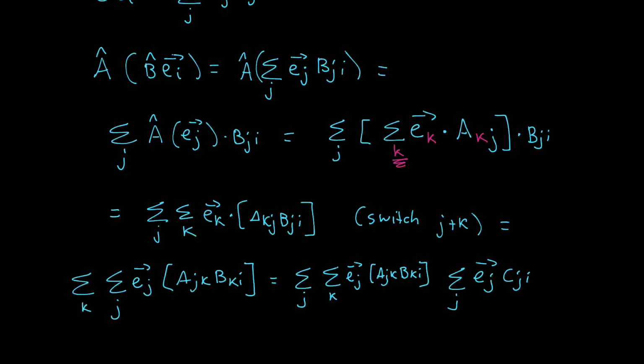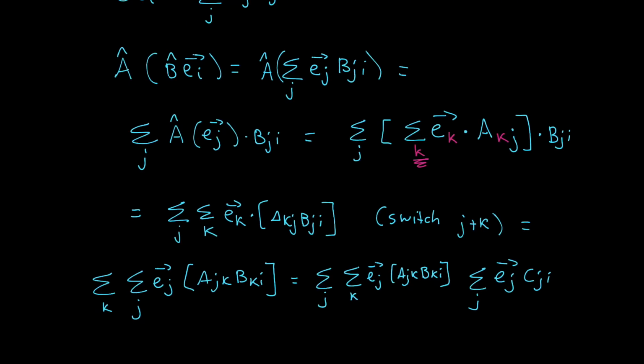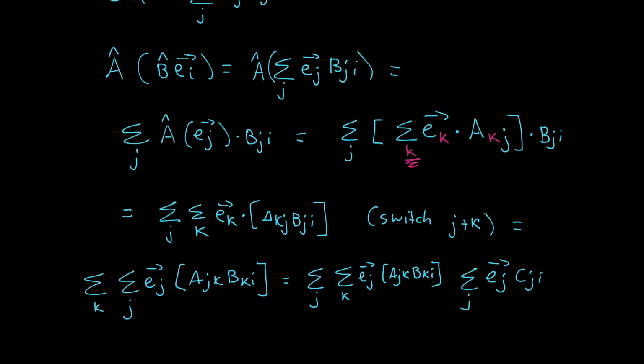Now, since j and k are dummy indices, you can switch j and k. Since B_ji is not dependent on k, you can take B_ji under the sum to get the sum over all j, sum over all k of e_k times A_kj times B_ji.